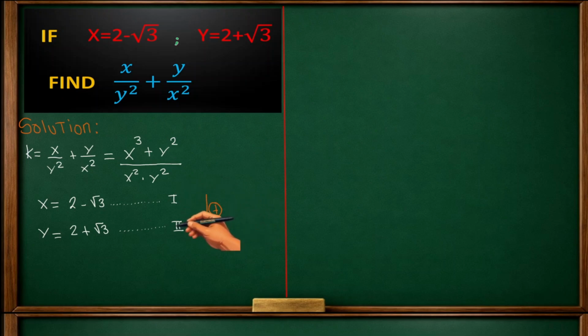Adding 1 and 2, x plus y equals 2 times 2, 4, since minus square root 3 plus square root 3 cancel.